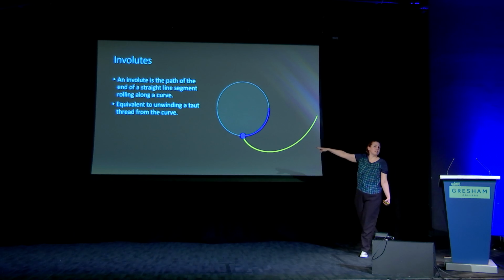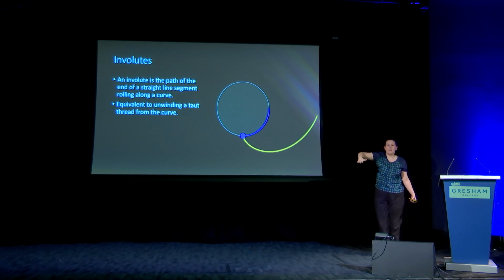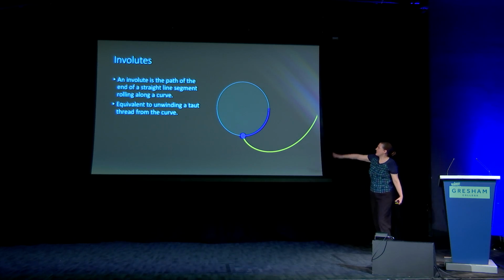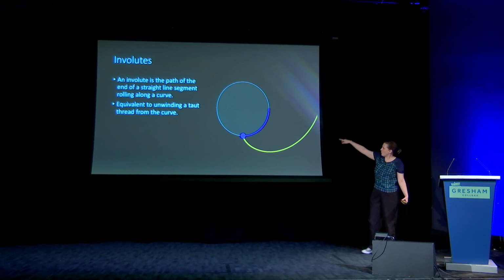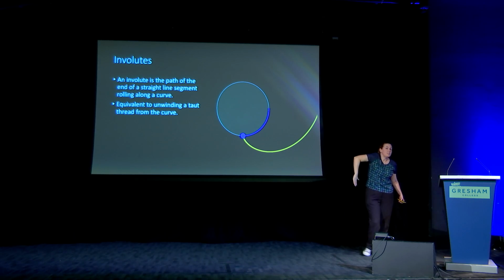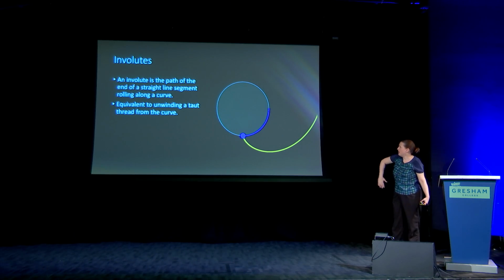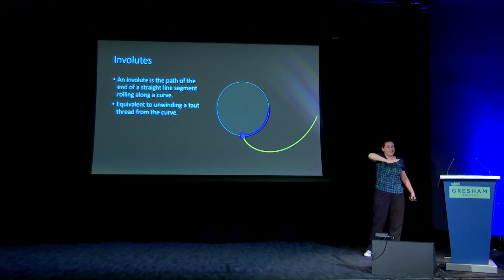So you wrap it around the circle, and then when you release the bob at the bottom, it'll unwrap itself from the circle as it goes down. Until, I guess in this diagram, it reaches the vertical, and then it'll start moving in some free way. But for that first bit of the motion, it's unwrapping itself from the circle, and it will produce exactly this involute. So if you wrap your pendulum around a curve and then release it, you'll get the involute of that curve.